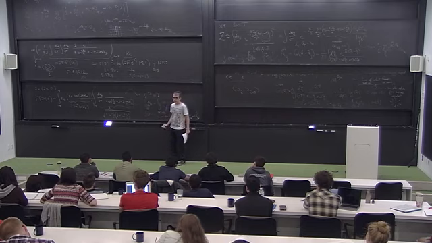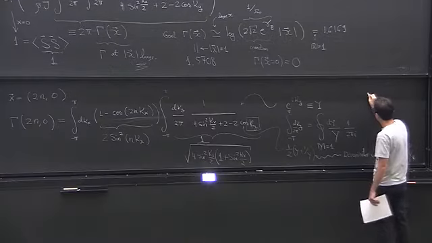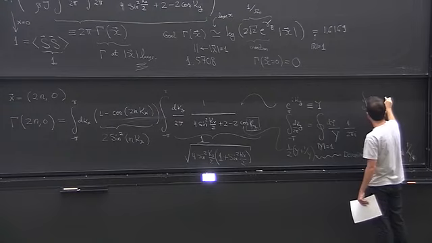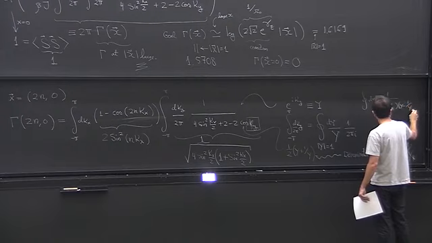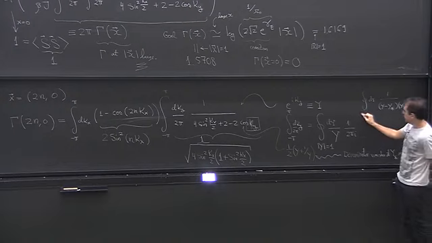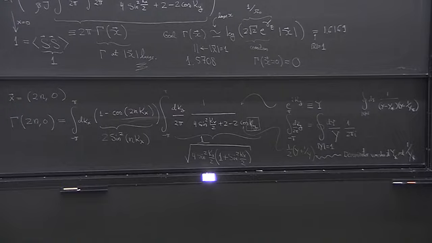Which means that here I'm computing an integral dy 1 over y minus y star, y minus 1 over y star, because you see I multiplied by the y, and I'm integrating over absolute value of y equal 1. So one of them will be inside the unit disk and the other will be outside.